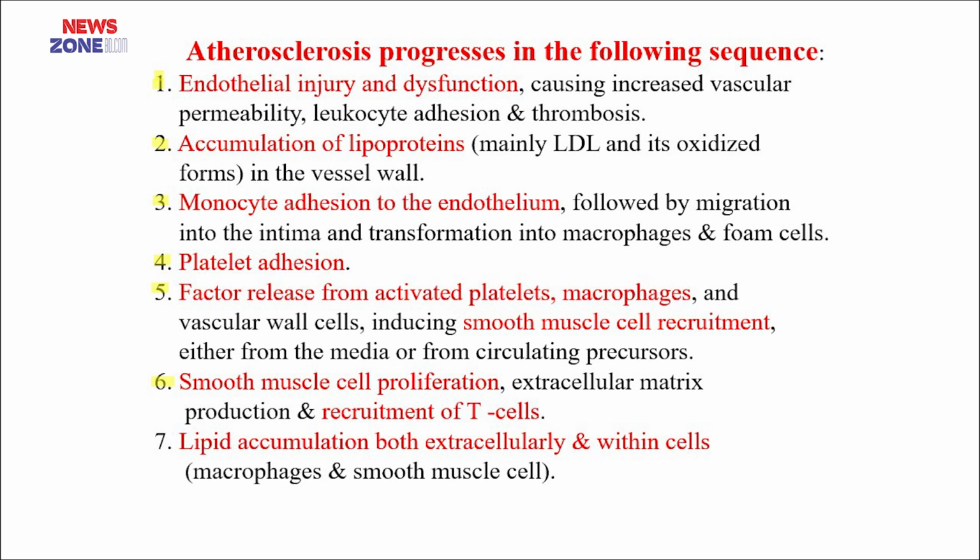Then monocyte adhesion to the endothelium, followed by migration into the intima and transformation into macrophages and foam cells. Platelet adhesion and factor release from activated macrophages and platelets induce smooth muscle cell recruitment, either from the media or from circulating precursors.